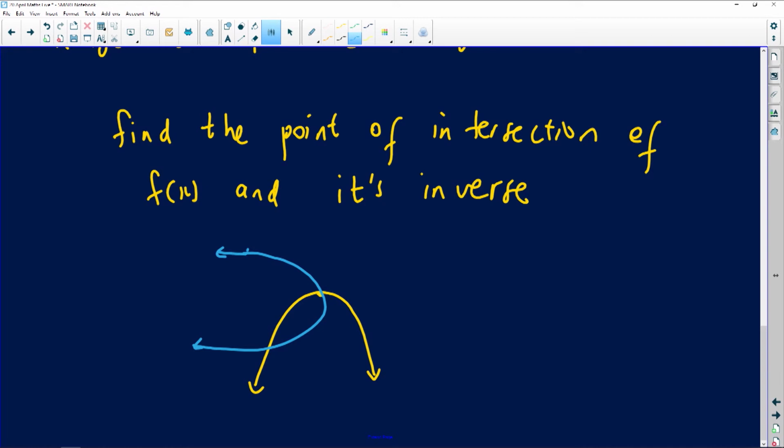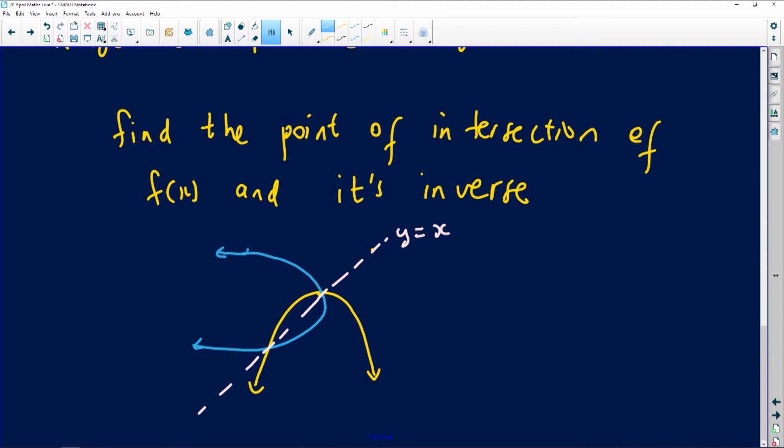Now, the important thing you have to pay attention to is the fact that the line of symmetry, the mirror image, is the line y equals x, which passes through where they intersect there at 0, 0. So that will be the line y is equal to x all the time if you had to draw them on the same set of axes. Very important for you to keep that in mind.